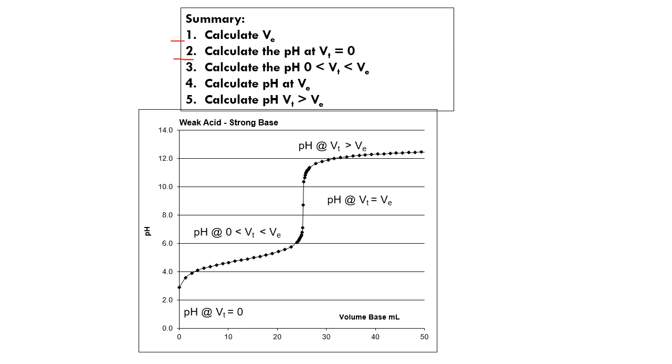At the equivalence point, what are we using? We have to be using the Kb expression because at the equivalence point, we've used up all the weak acid and produced its conjugate base, and its conjugate base is going to be hydrolyzing in solution. Beyond the equivalence point, when your titrant volume is greater than your equivalence volume, we need to be calculating the pH based on the excess base that is now in the solution.